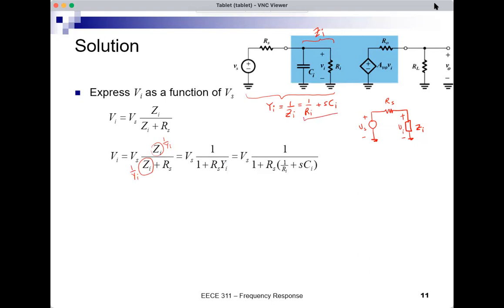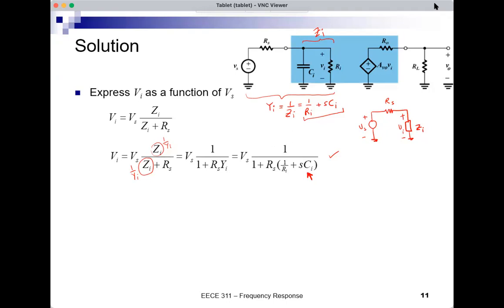And that's Yi. And this is what we get here. So Vi is Vs times 1 over 1 plus Rs times Yi, where Yi is 1 over Ri plus sCi. So now we start to see how the capacitor entered in the equation.